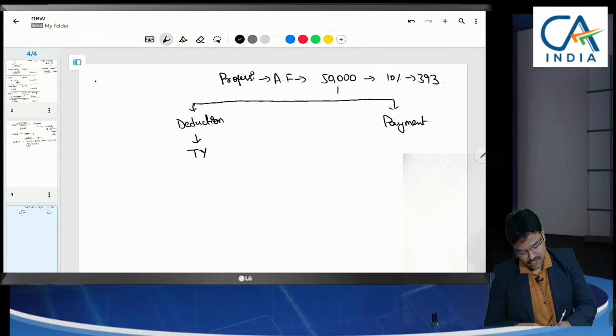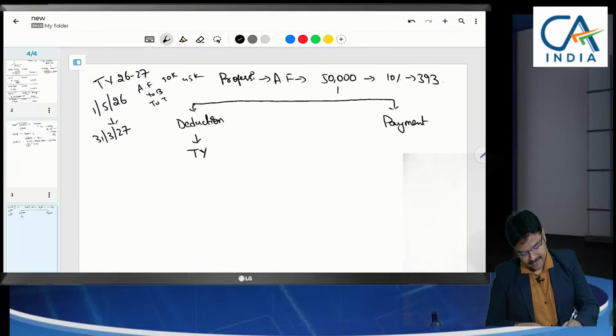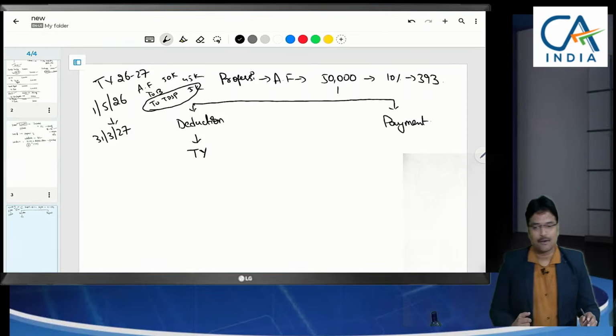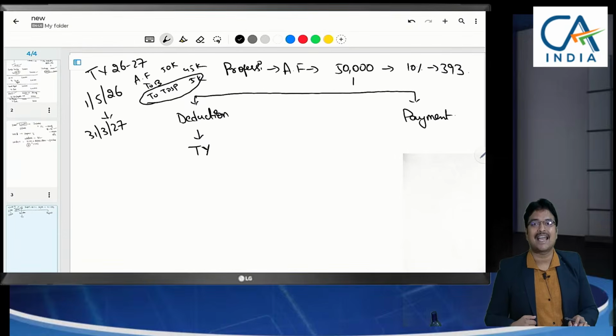That means if it is the tax year 2026-27, and the payment is made on 1st May 2026, deduction should be done by 31st March 27 at maximum. Deduction in the sense: audit fee account debit 50,000, to bank 45,000, to TDS payable 5,000. This TDS payable we have entered into a separate account, that is called deduction. That deduction has to be done in the tax year itself.